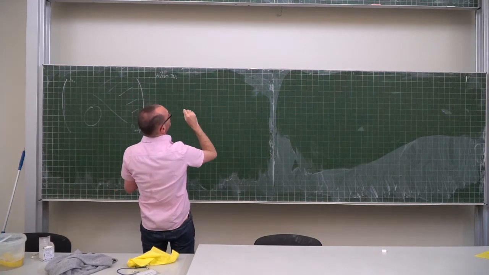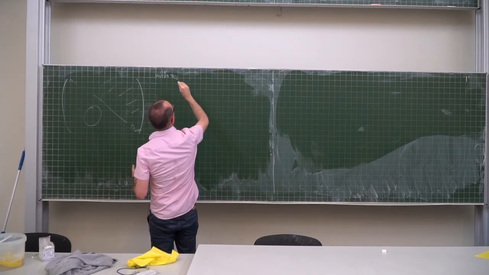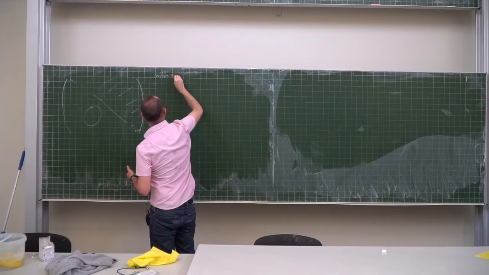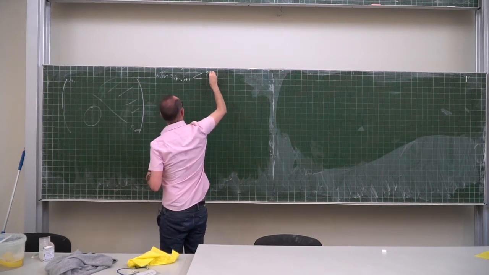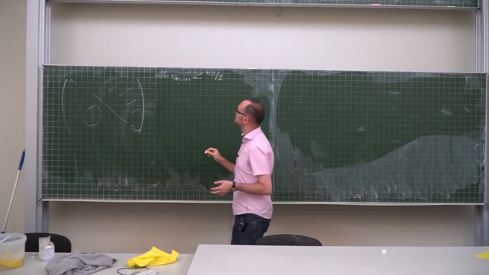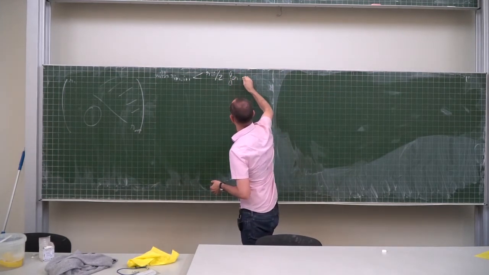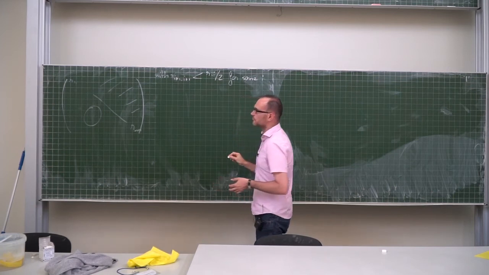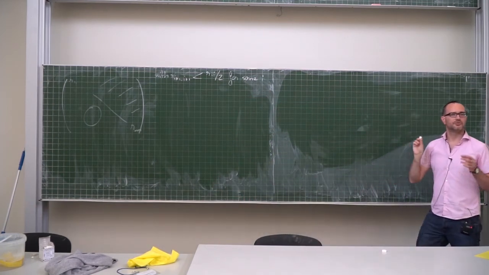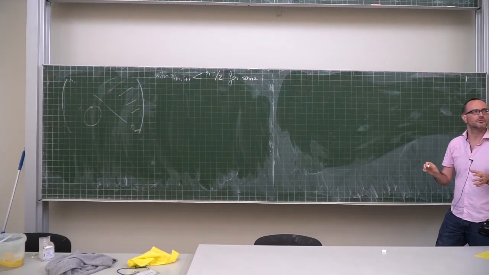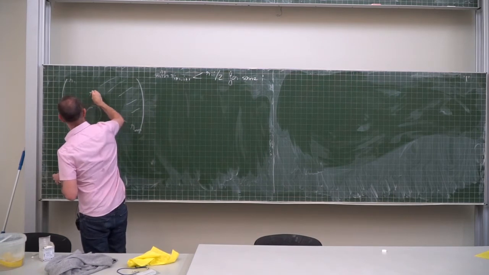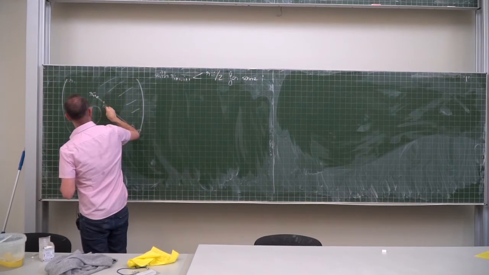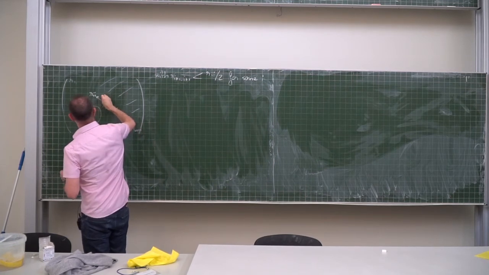Let me rewrite it this way: R(i+1,i+1) smaller than Rii over 2 for some i. So I'm assuming that I'm not done. There is an index i for which there is a significant decrease. So here is Rii, here is Ri plus 1, i plus 1. And this one is called Ri, i plus 1.